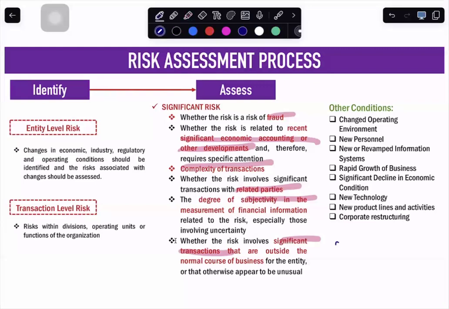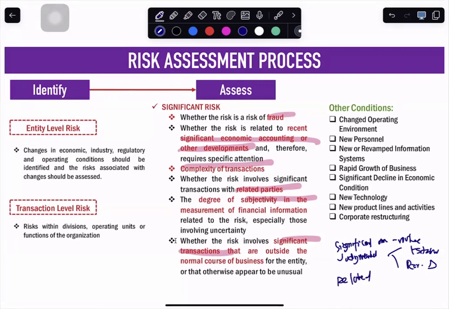And those are first, significant non-routine transactions. You have your judgmental matters, which include estimates, revenue recognition, meaning change in accounting standard. You also have your related parties, and your going concern assumption, and then we have your fraud.